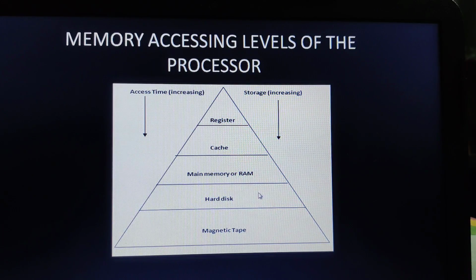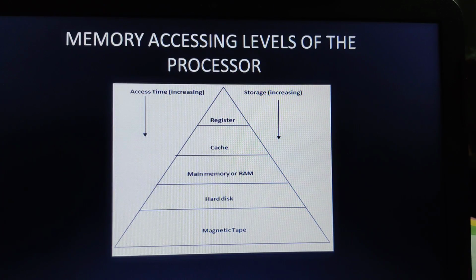But as we go to the hard disk, you get the internal hard disk of every computer, and the external hard disk which may come in terms of GB. As you move up the hierarchy, the hard disk and magnetic tape have higher storage capacity compared to the internal memory of the computer.